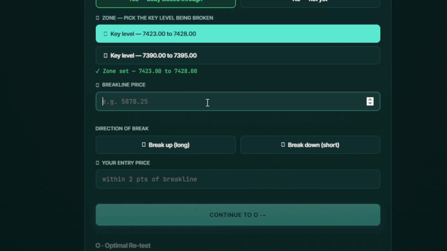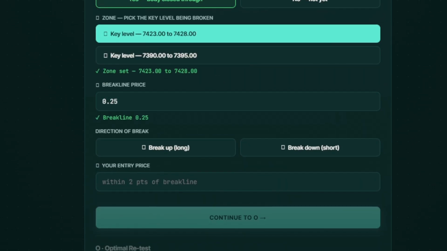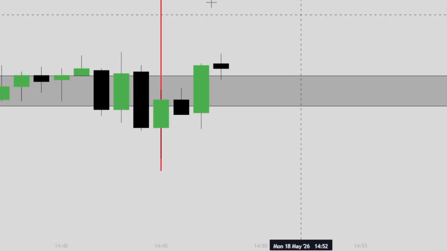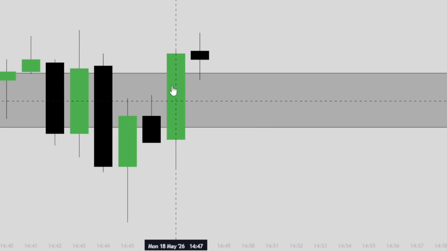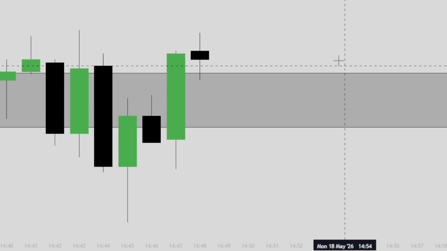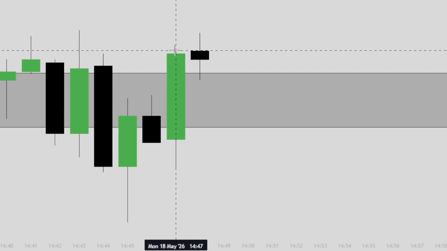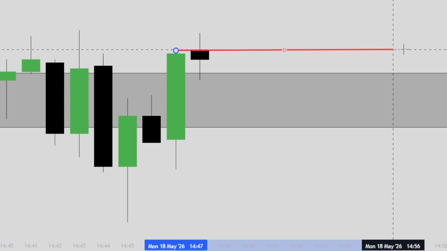So now we want to move on to the break line price. So the break line is one of my favorite parts of the system. So what we can see here, if I get rid of that, is price has broken above the zone with this candle here. So the break line, very simply, is the highest point of this candle, this one here.